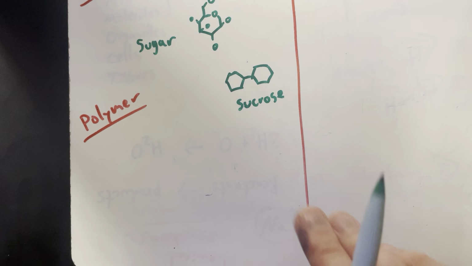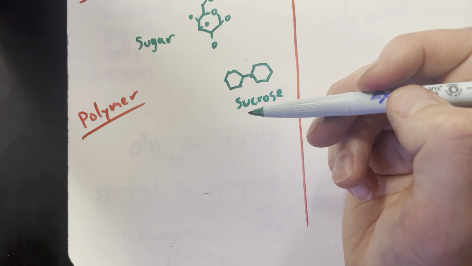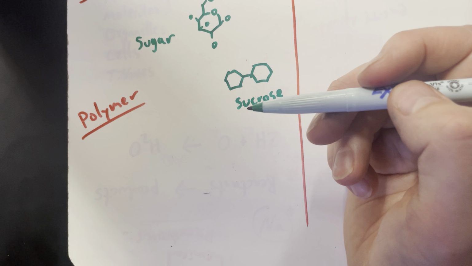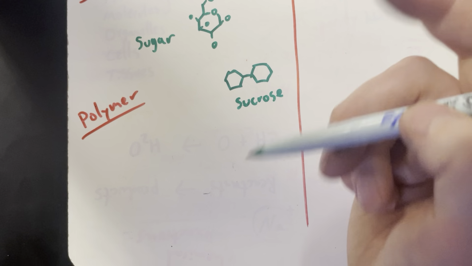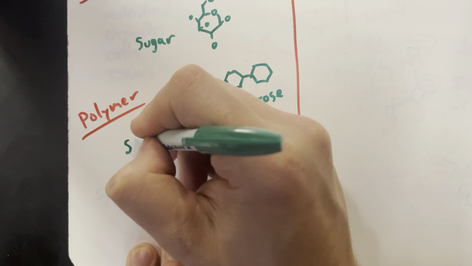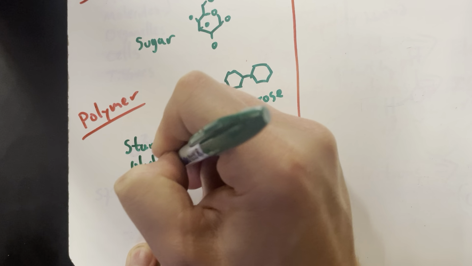Still pretty simple. There are more complex carbohydrates. What are they? Like what's in pasta and bread? What? Gluten is one, actually. Gluten is a carbohydrate. But the one I was thinking of was starch. I'll put them both down. Starch, gluten.